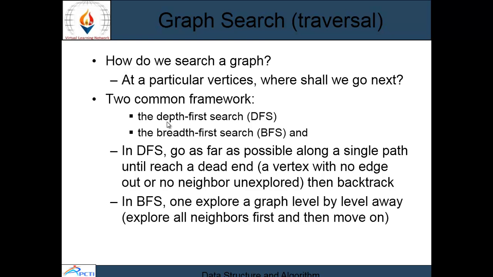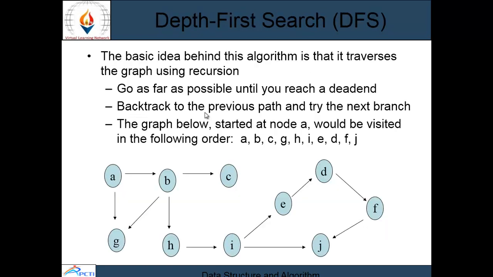Means in DFS, backtracking is used, and starting from the first node, go as far as possible along a single path until you reach a dead end. Then in BFS, we traverse node by exploring the adjacent nodes, or you can say we explore a graph level by level. That is known as the BFS method.